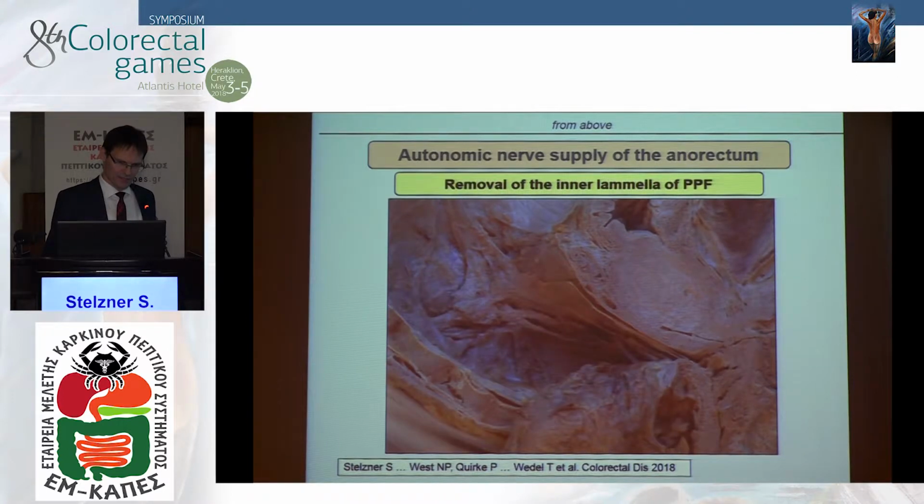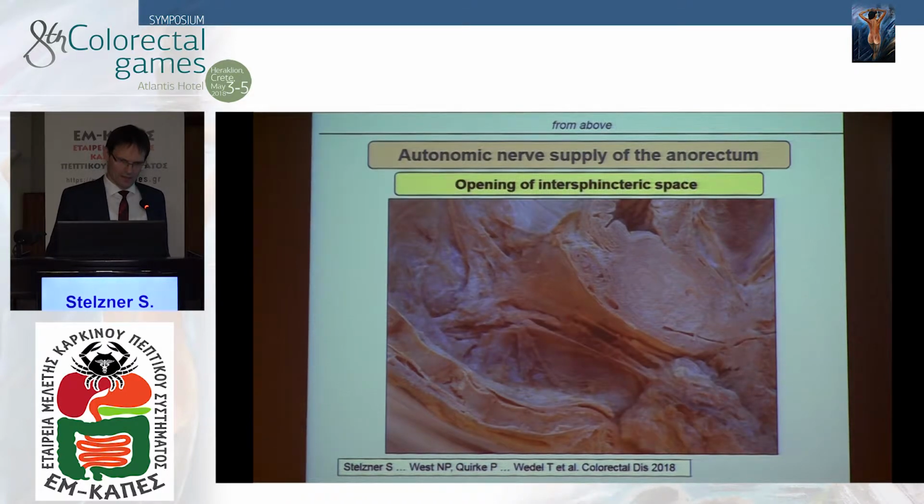There is the smooth surface of the mesorectum, and we removed the inner lamella of the parietal pelvic fascia, giving access to the autonomic nerves. And we also opened up the intersphincteric space to have an idea how the structures relate to each other down there.